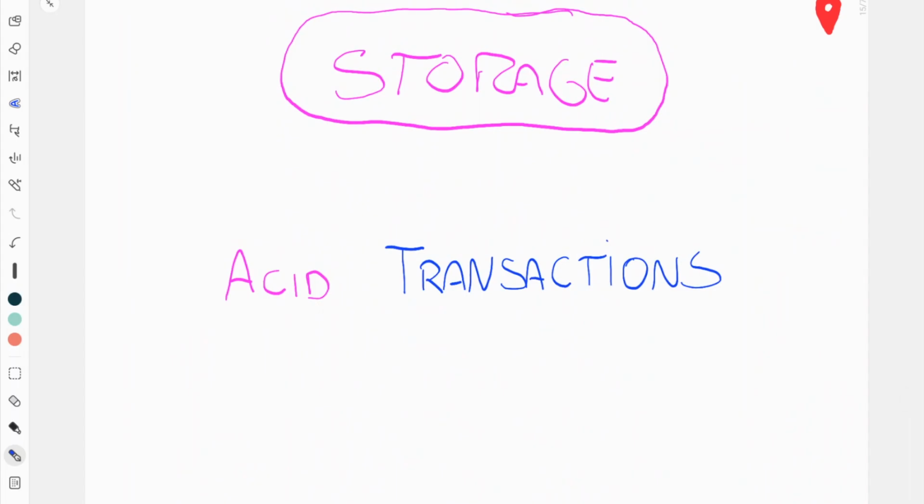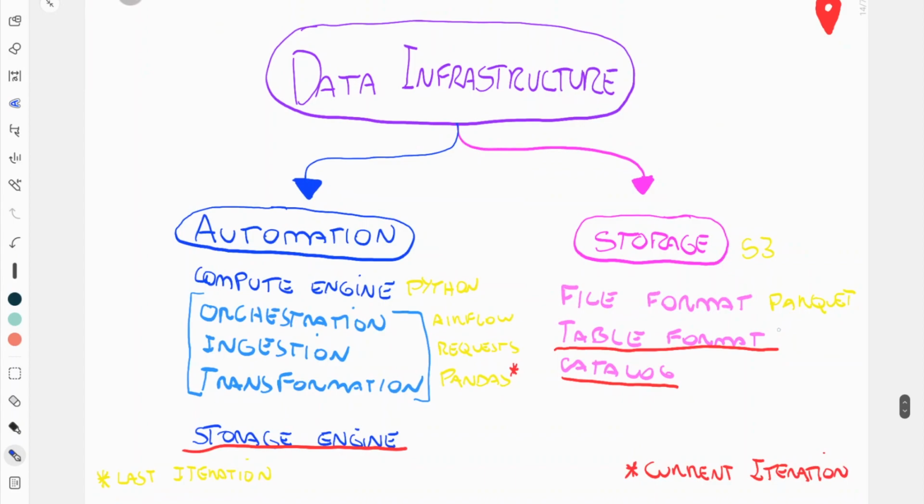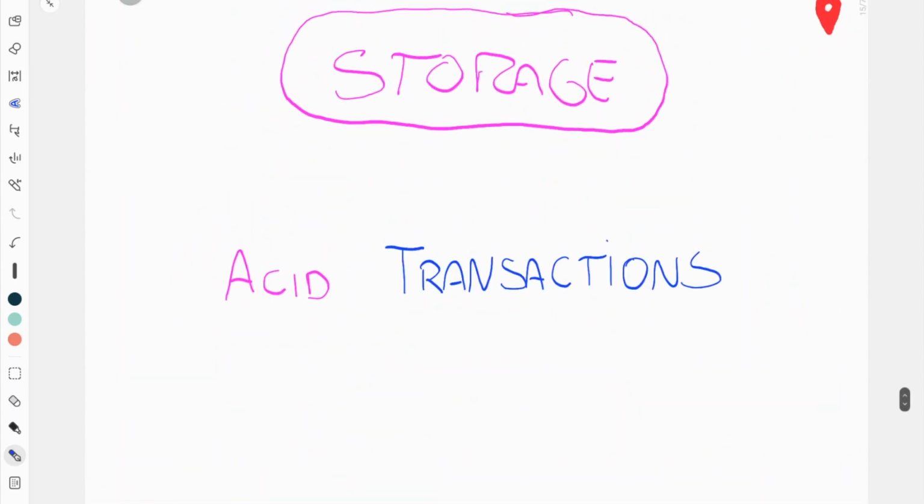Let's go back a bit. As you can see, the major difference here is table format and storage engine. So it's related to storage, right? And it is actually related to this concept only.